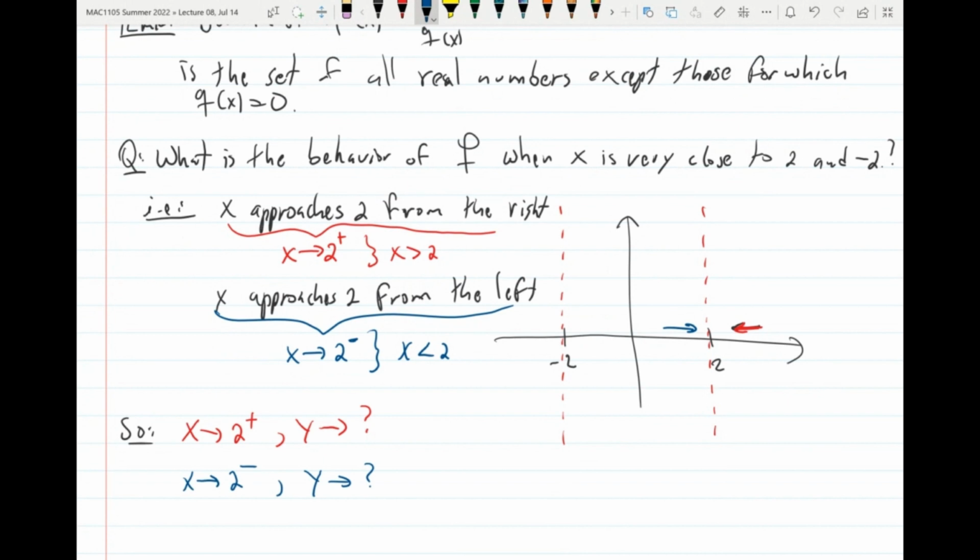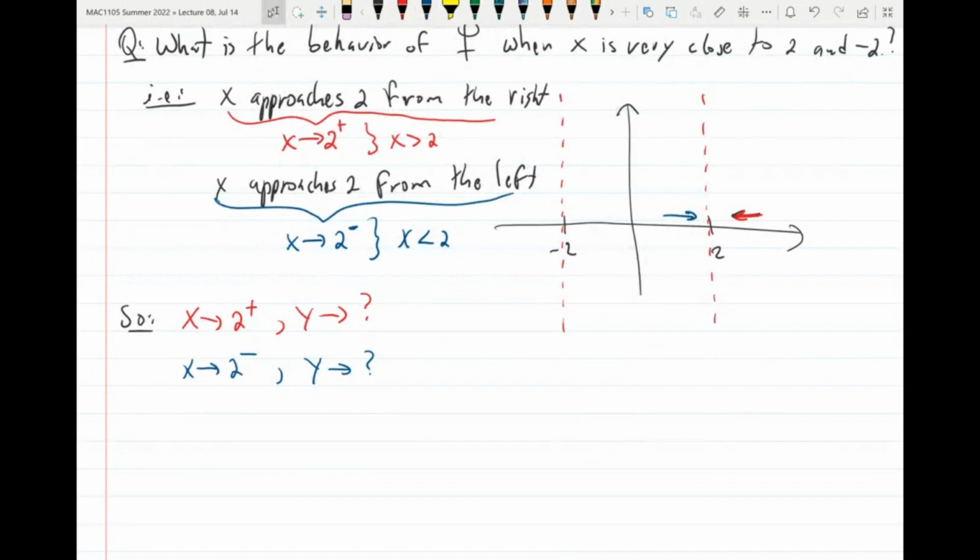And then we want to say similarly for -2: when x approaches -2 from the right, what can we say about y? When x approaches -2 from the left, what can we say about y? This is the type of question that we want to answer now.